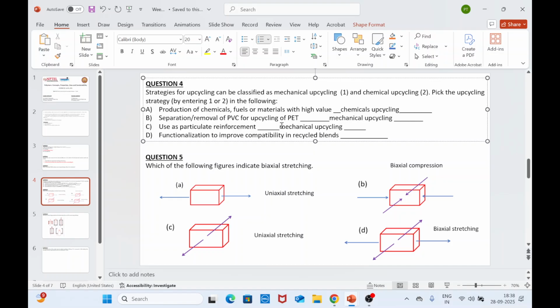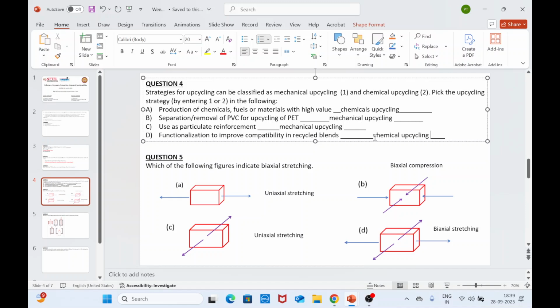And the final one, functionalization to improve compatibility in recycled blends. This is chemical, because you are doing some sort of functionalization, which is a chemical processing step. So that typically means it's a chemical upcycling process.